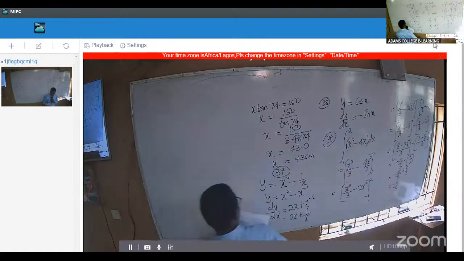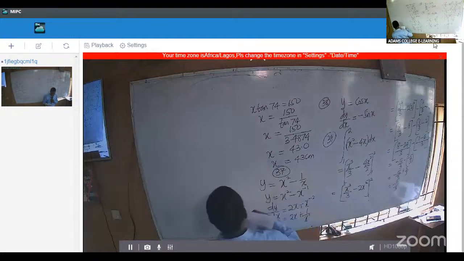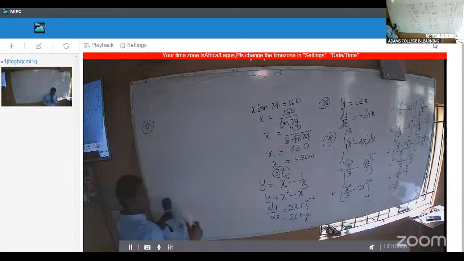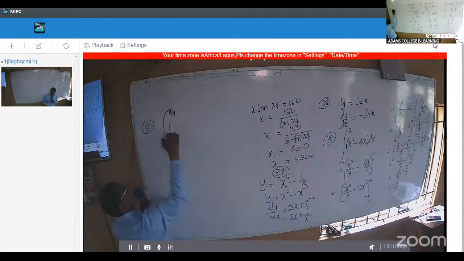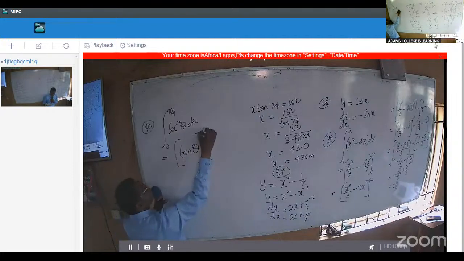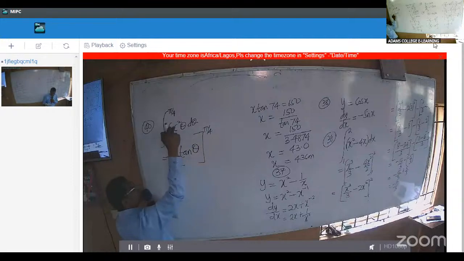Let's go to the last question there. Number 40. Evaluate. I'm sure the admin will say, sir, you didn't teach us this one yesterday. We've done it in the main class. If you integrate sec squared, you get tan. In the exam, you will not forget. If you integrate sec squared, you get tan.